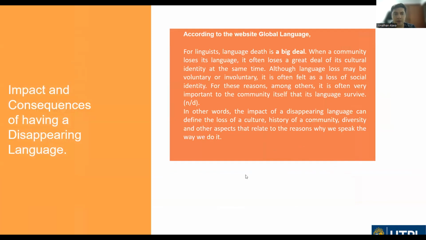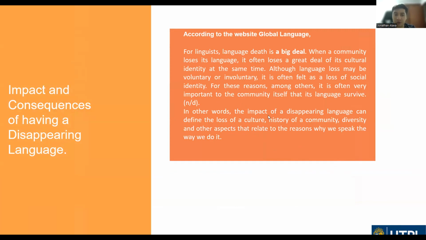Now, let's speak about the impact and the consequences of having a disappearing language. According to the Global Language Service website, for linguists, language death is a big deal. When a community loses its language, it often loses a great deal of its cultural identity at the same time. Although language loss may be voluntary or involuntary, it is often felt as a loss of social identity.